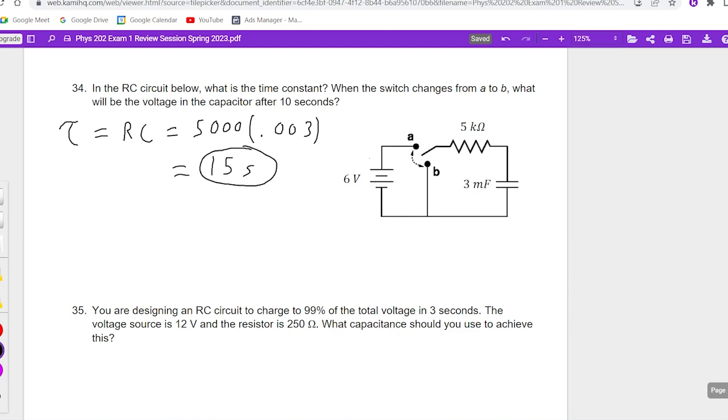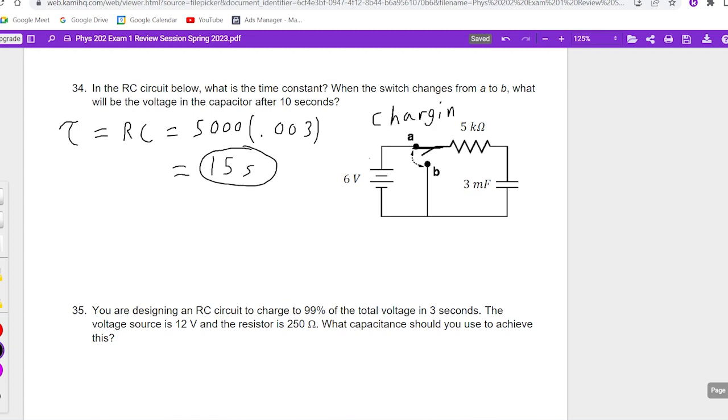And now we want to find the voltage in this scenario when it switches from A to B. What will the voltage in the capacitor be after 10 seconds? The first thing we have to figure out is, is this charging or discharging? Well, remember this. You're starting at position A, and position A is a charging position because you're connected to the battery.